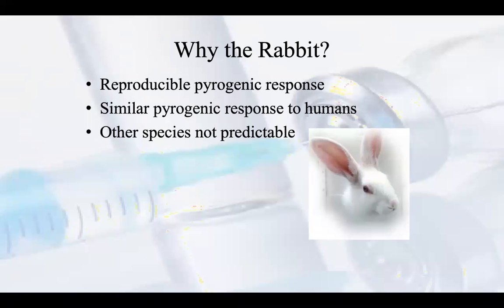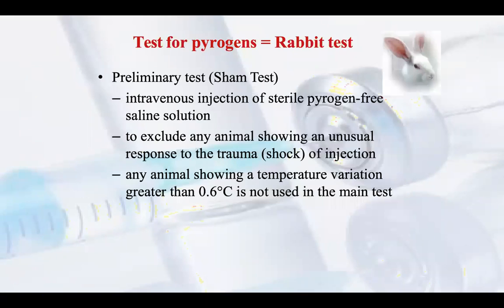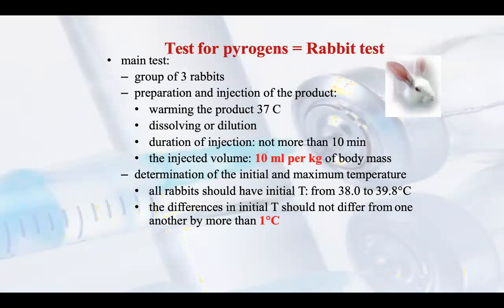In the preliminary sham test, sterile pyrogen-free saline solution is injected intravenously to exclude any animal showing an unusual response to the trauma or shock of injection. Any animal showing a temperature variation greater than 0.6 Celsius is not used in the main test.